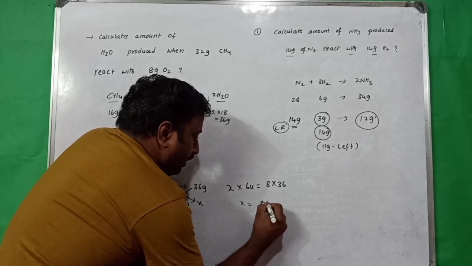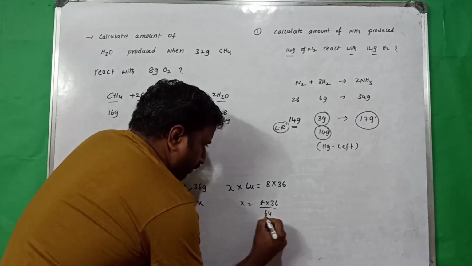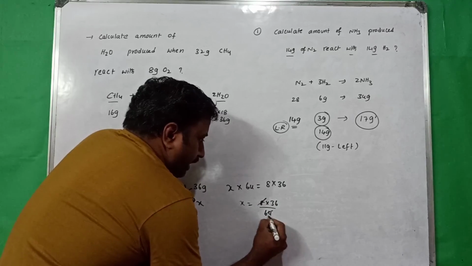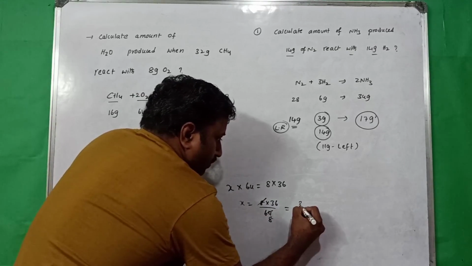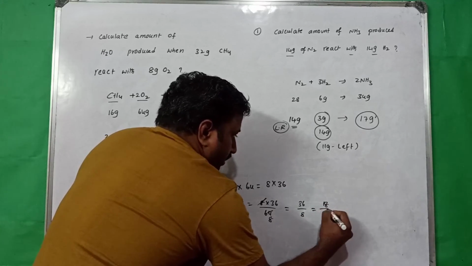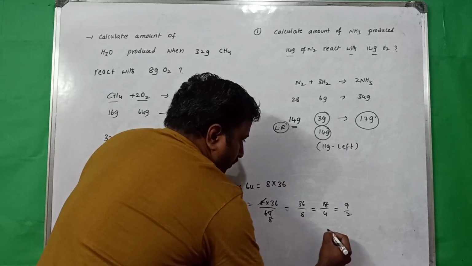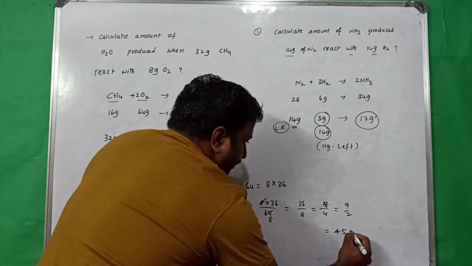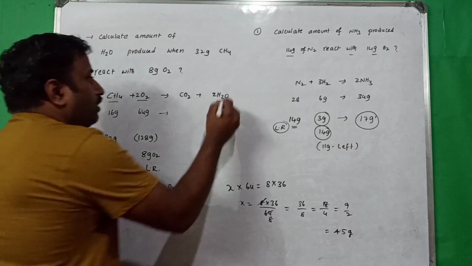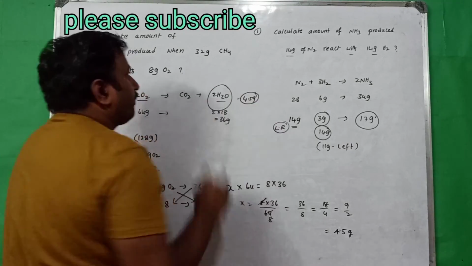Then x is equal to 8 into 36 upon 64. 8 8s cancel. Now 36 upon 8 is 18 upon 4, that is 9 upon 2, which is 4.5 grams. The amount of water produced is 4.5 grams. Hope it is clear.